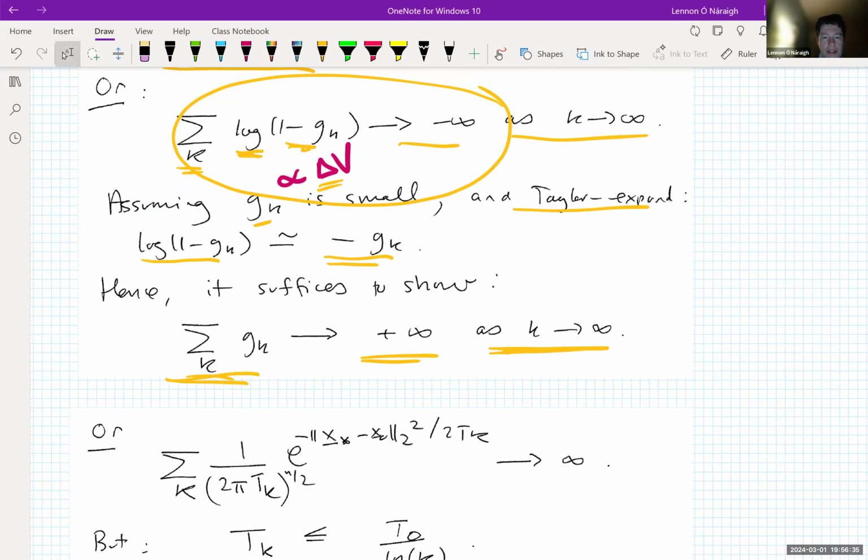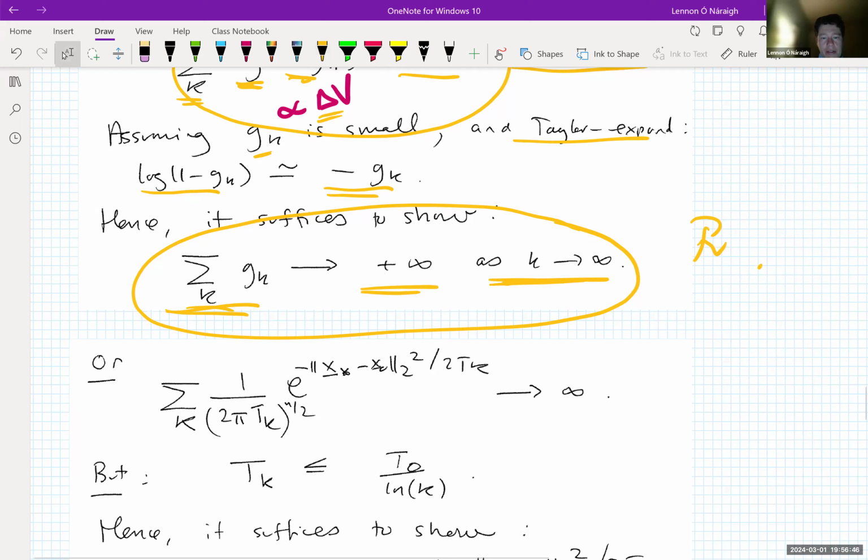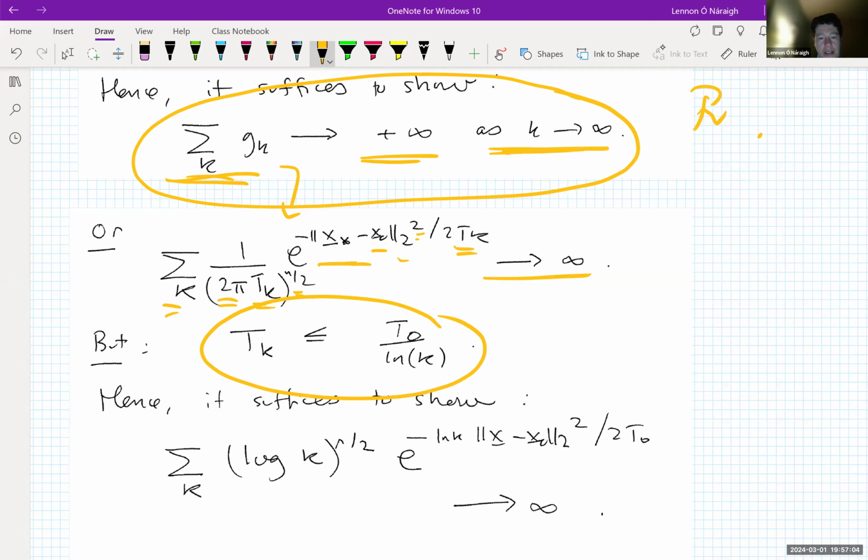If I can show this, then it's equivalent to showing that the probability that the system enters the region R goes to 1. And again, this is equivalent to filling in for what gk is. This is equivalent to having to show that the sum over k of (2 pi tk)^(n/2) times e to the minus ||x star minus x0||^2 over 2 tk, that this goes to infinity. And we're given the annealing schedule, that tk is less than or equal to t0 over ln of k.